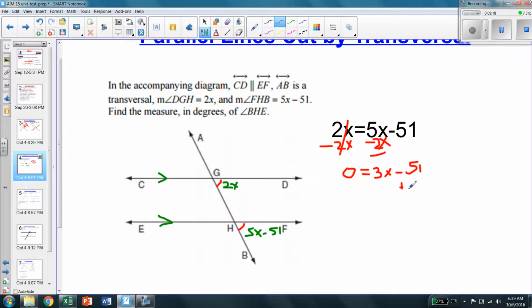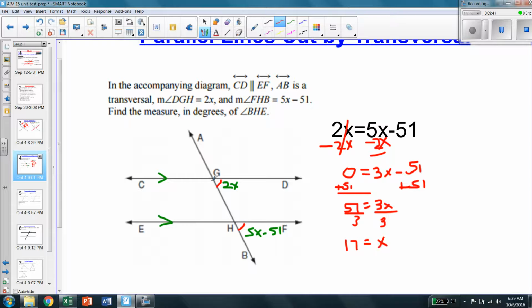Okay. Add 51 to both sides. Add 51 to 0. And we get positive 51 is equal to 3x. Divide both sides by 3, and we get 17 is x.